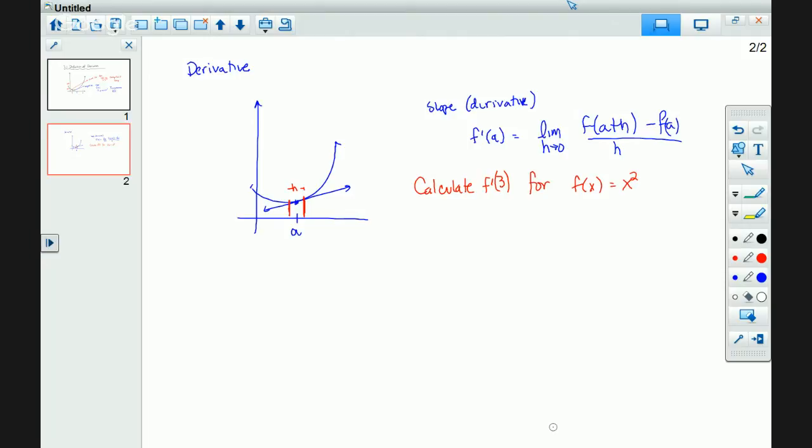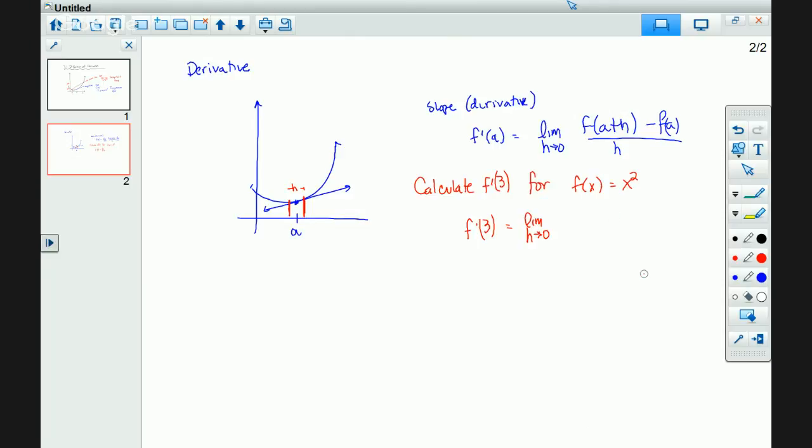So you just plug it into the definition. So f prime of 3. The limit as h approaches 0. Pay attention to this, please.